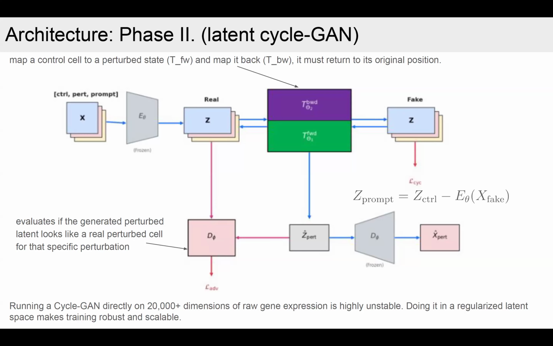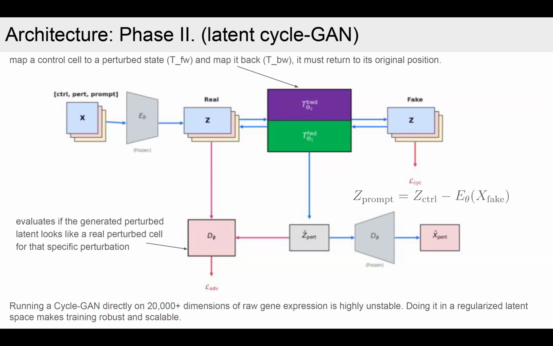And now in phase two, which is a latent Cycle-GAN, we have the gene expression vectors, and we put them into the encoder, whose weights are frozen from phase one. And then we map the control cells to the perturbed state, and we can map it forward.